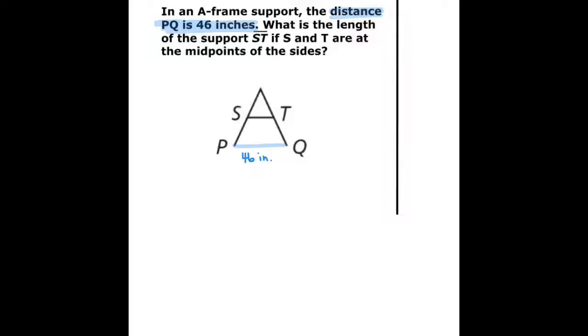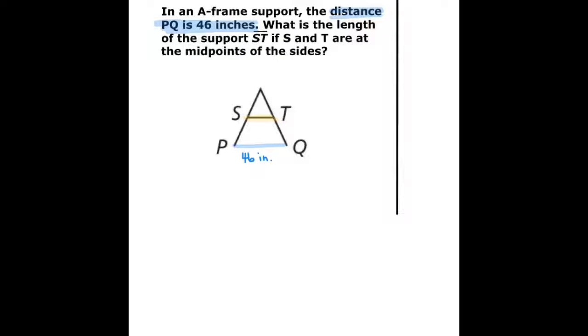The other piece that they tell us throughout our reading, we're actually looking for ST, so I'll get my yellow highlighter. That's what I've been using when we've been looking for something, ST. And they tell us that S and T are at the midpoints of the sides.